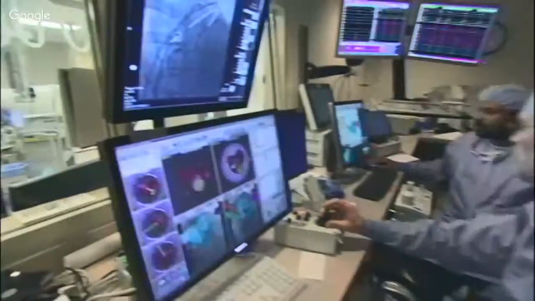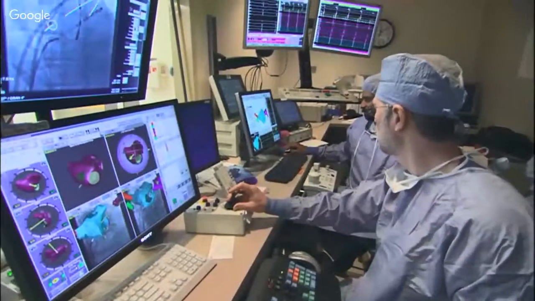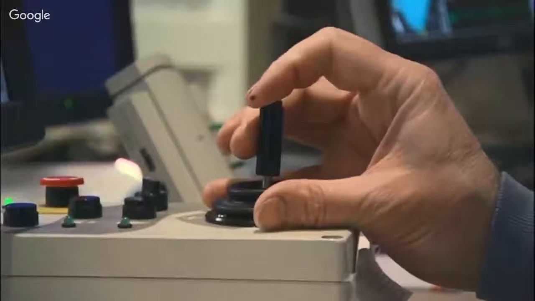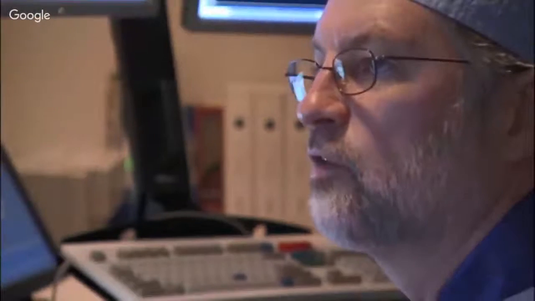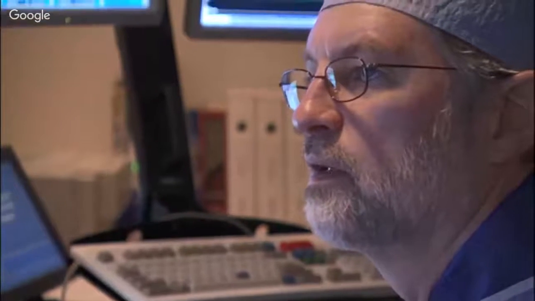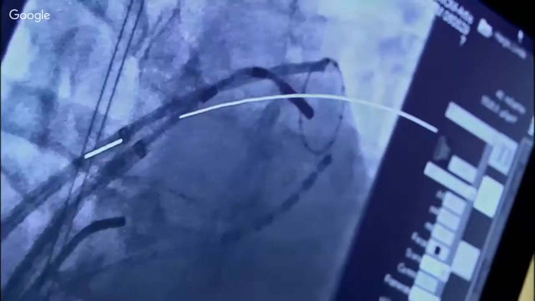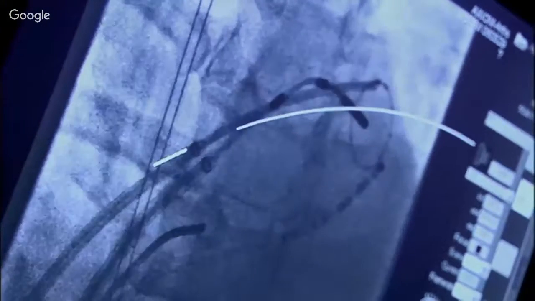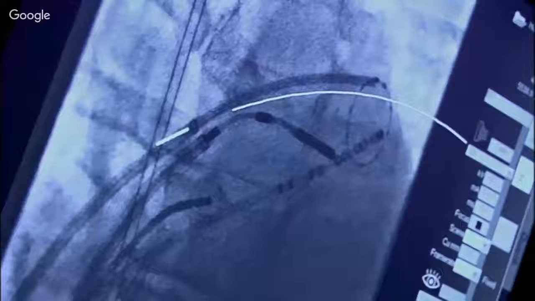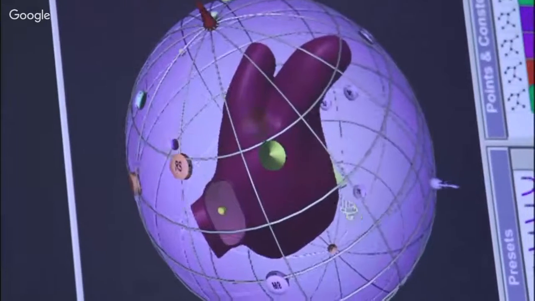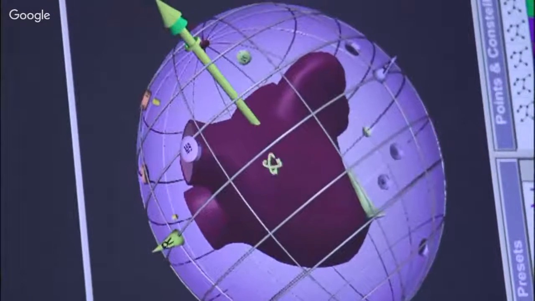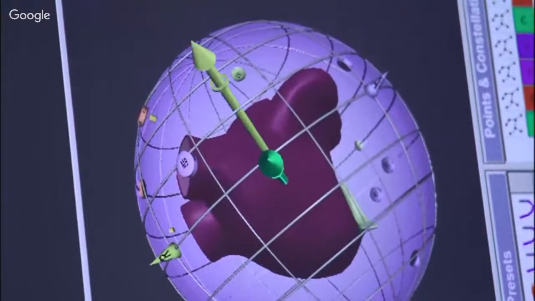Once they are in place, Miller manipulates one of the catheters by remote control from the next room, probing the heart's chambers in search of disruptive cells. We can find that area causing that rapid heartbeat, and we can localize the exact group of cells causing it. And then we can kill those cells.